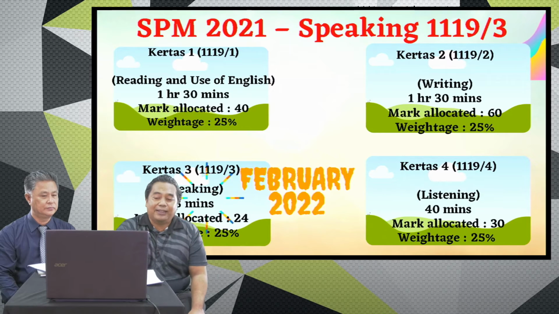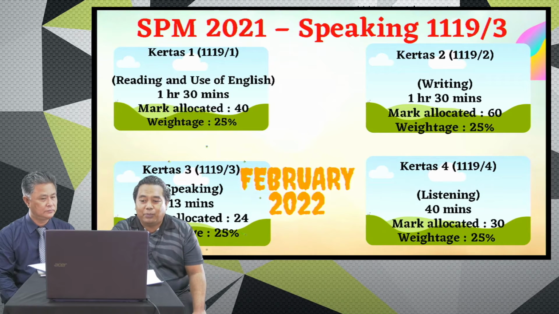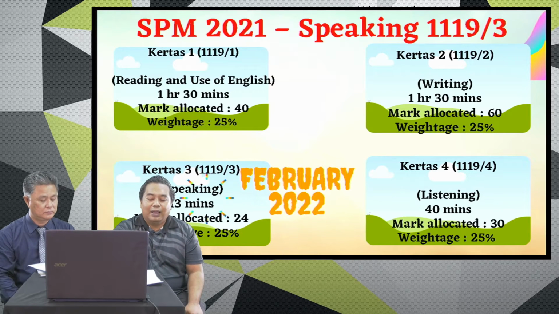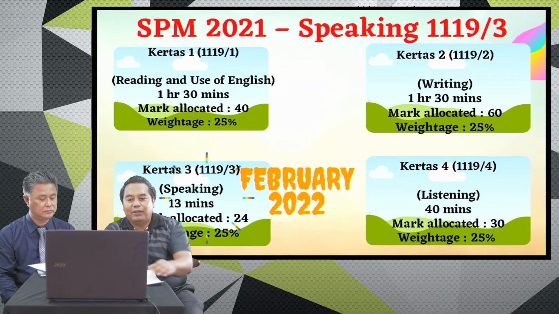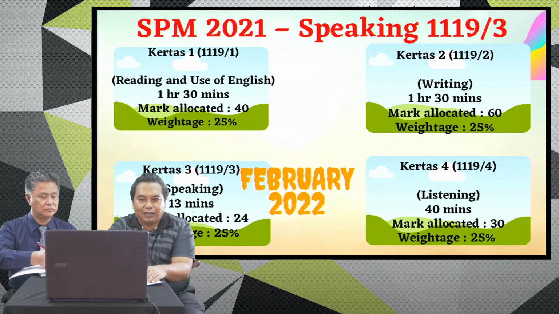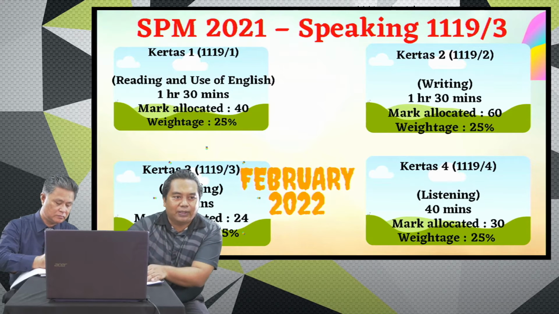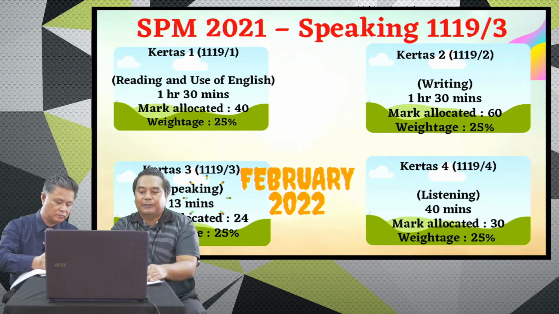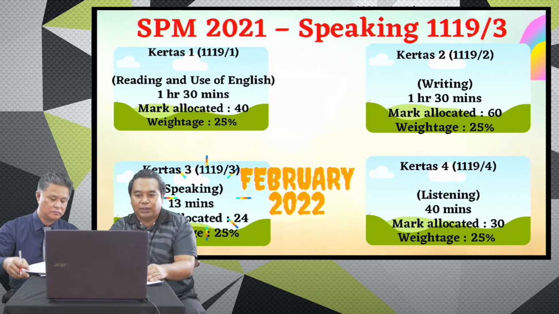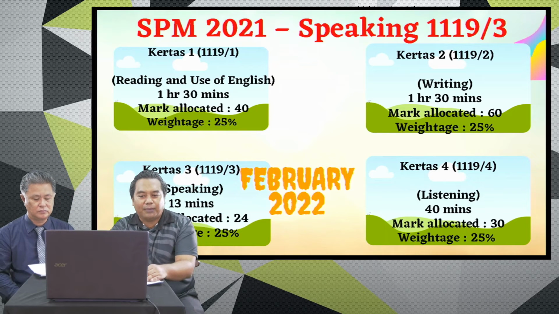The expected date will be February 2022. But we have to be very flexible. We have to look at the current situation of our country, whether it is okay to do the SPM or not.